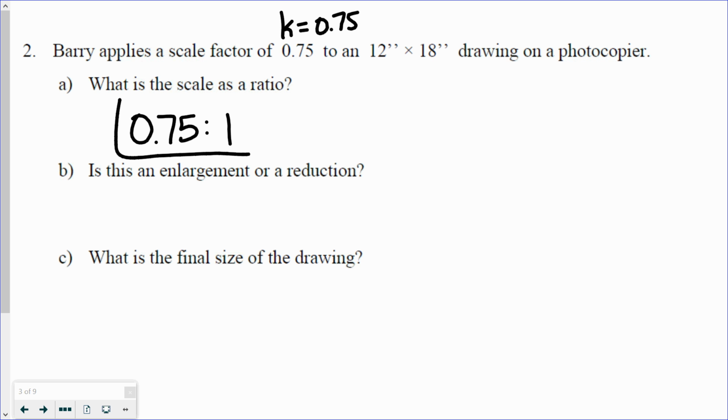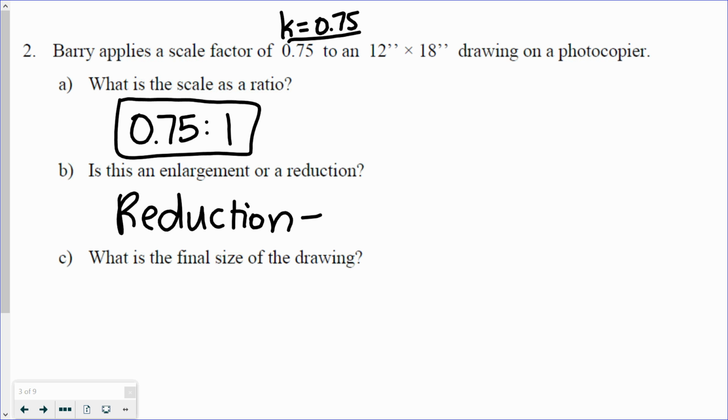So remember that a K value between 0 and 1 is going to be a reduction. So that's actually what the next one is saying. Is it an enlargement or a reduction? The scale factor is less than 1.